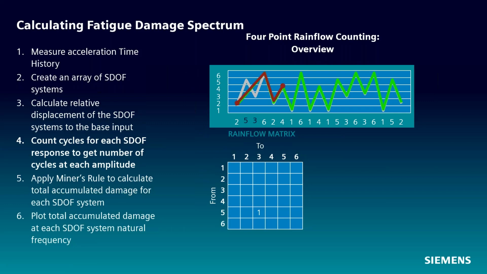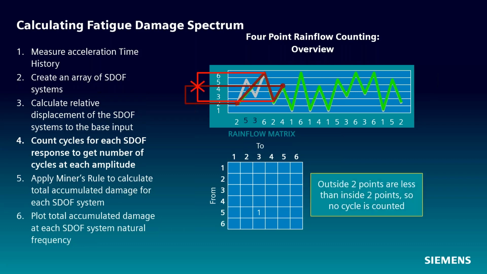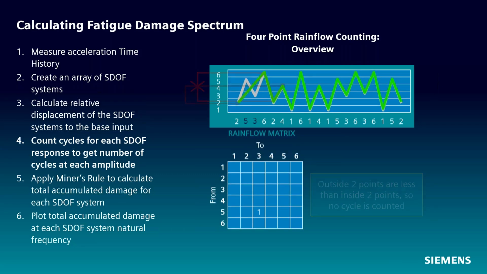So now we have this number of points that we're looking at, and it seems pretty clear here that the outer 2 points are less than our inner 2 points. So what this means is, no, we do not have a cycle here. We move on to point number 2. And now we have 2 inner points that are less than the 2 outer points.